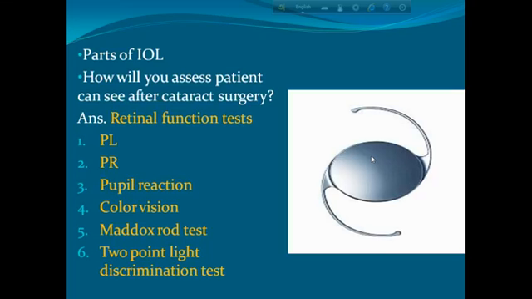Usually before cataract surgery vision is poor, and after surgery vision should improve. But if not improved, we have some idea beforehand, so it is a safety guideline for the surgeon.